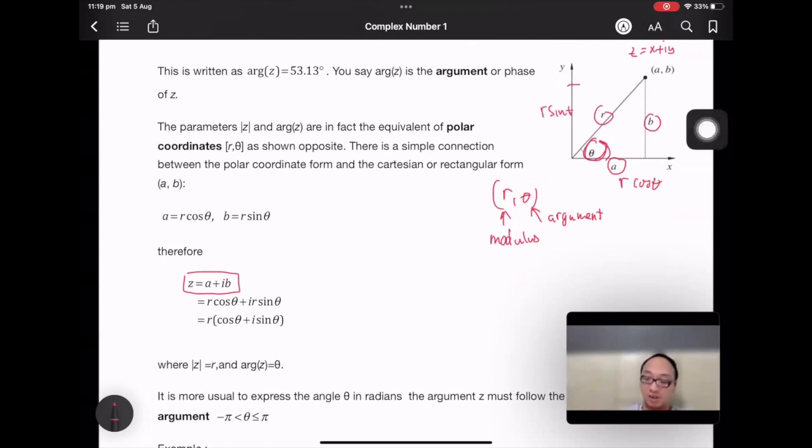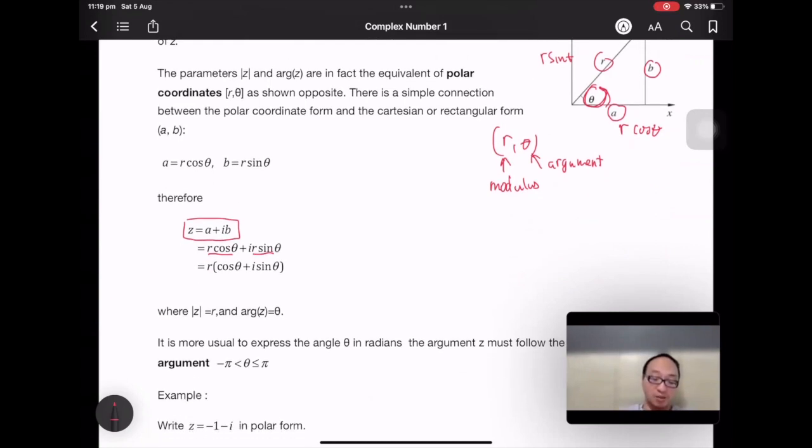So we can replace the x coordinate with r cos theta, and the y coordinate with r sine theta. So the polar coordinate can be written in the form r times cos theta plus i sine theta. Some books say this as r cis theta. Cis is cos, plus i sine. So that's why we call it cis.